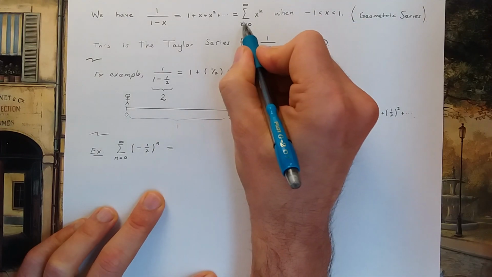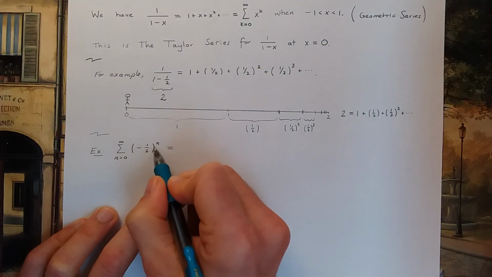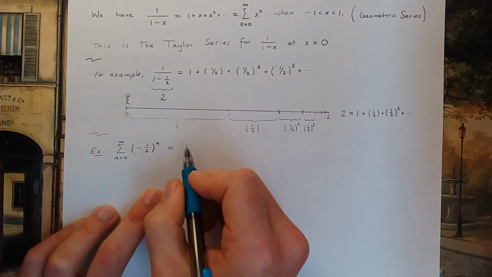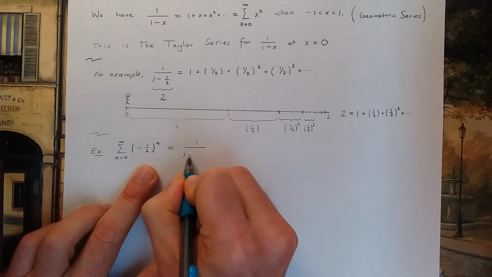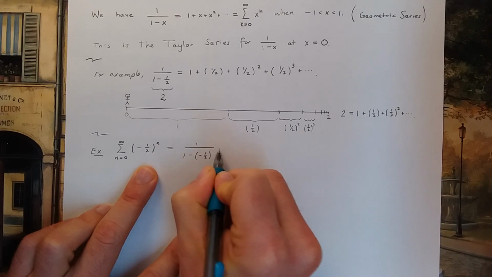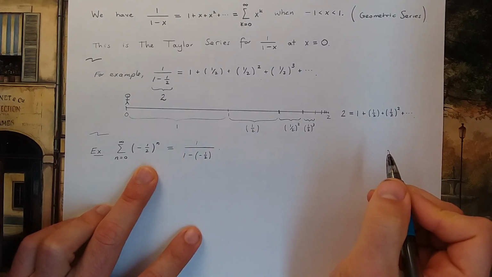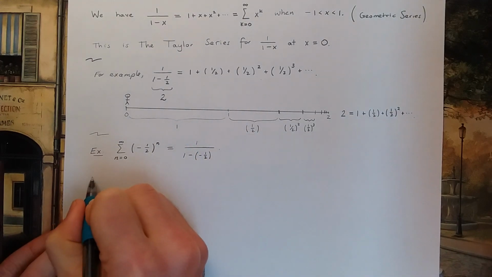And here I guess I chose to write the sum index with k. Here n, that doesn't really make a difference. It's still the same sum. So the answer is 1 over 1 minus -1/2. And so that's the answer. This is some number.